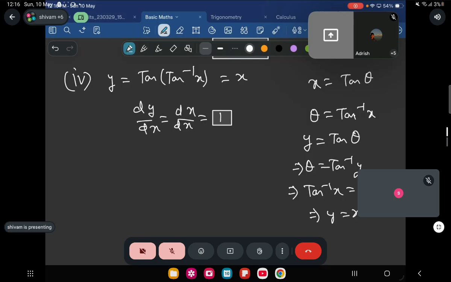Tell me, is it clear? Yes or no? If you have any doubt, you ask. I'll explain again. I have taken theta is equal to tan inverse x. So y equal to tan theta.